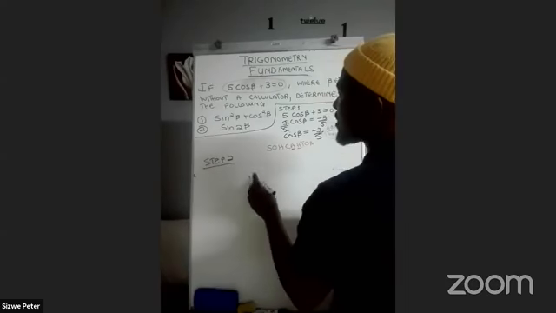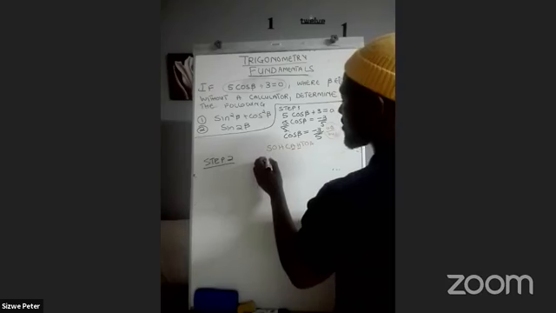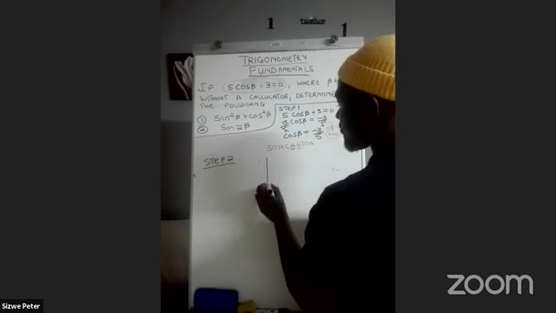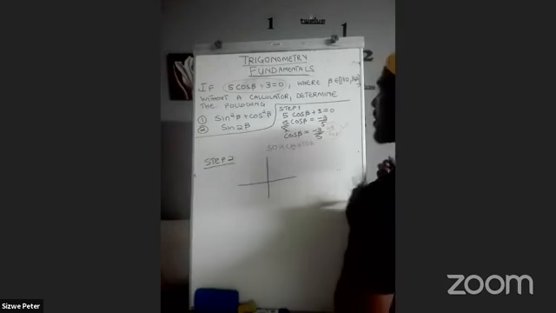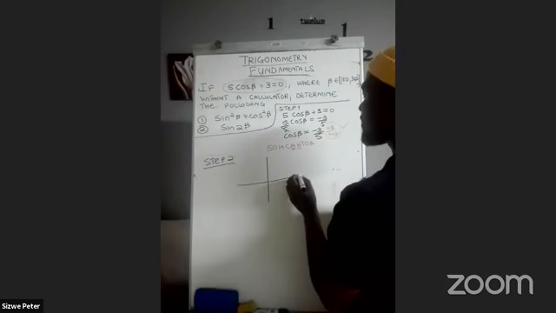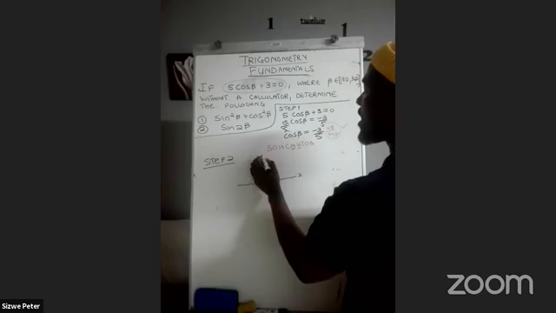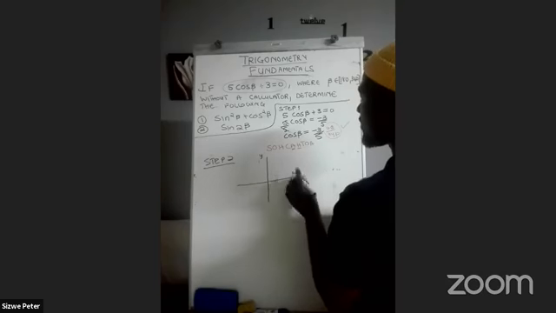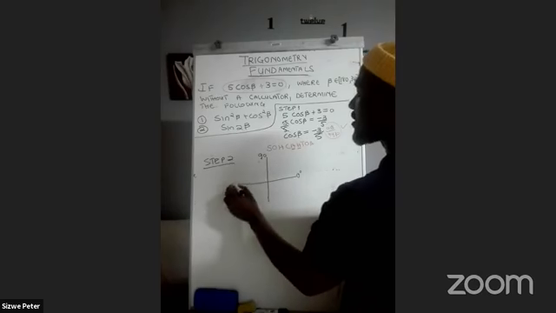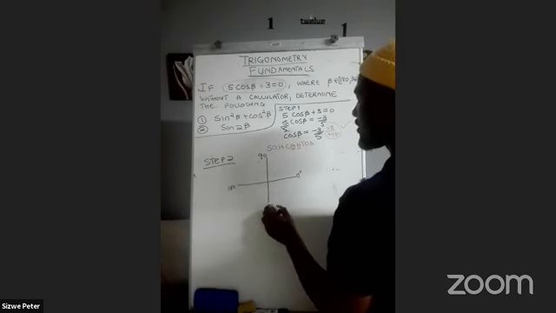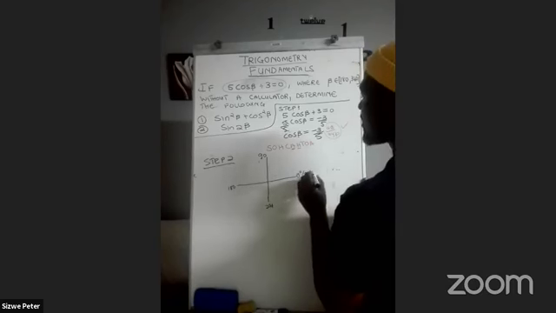Now step 2, you must sketch the graph. This is x, this is y. Or you can say this is 0 degrees, this is 90, this is 180, this is 270, this is 360.